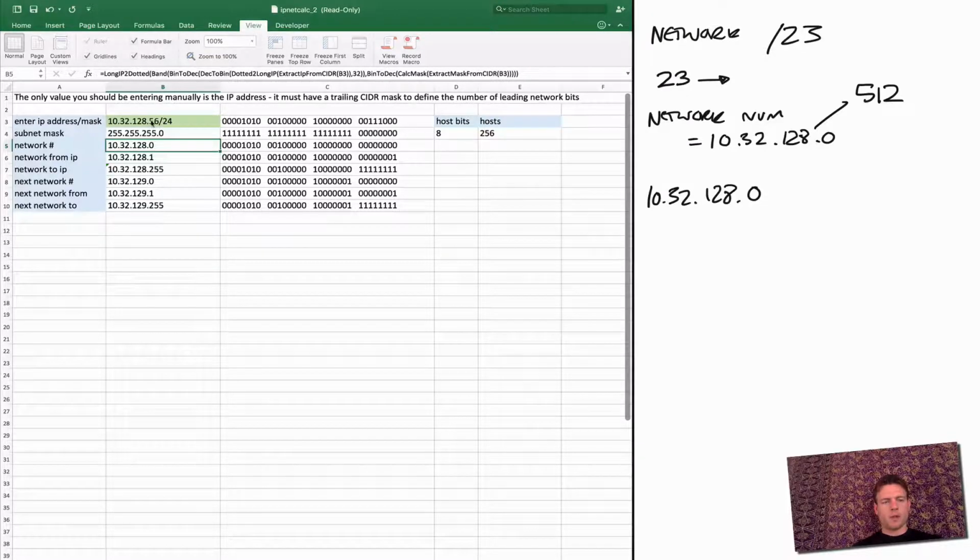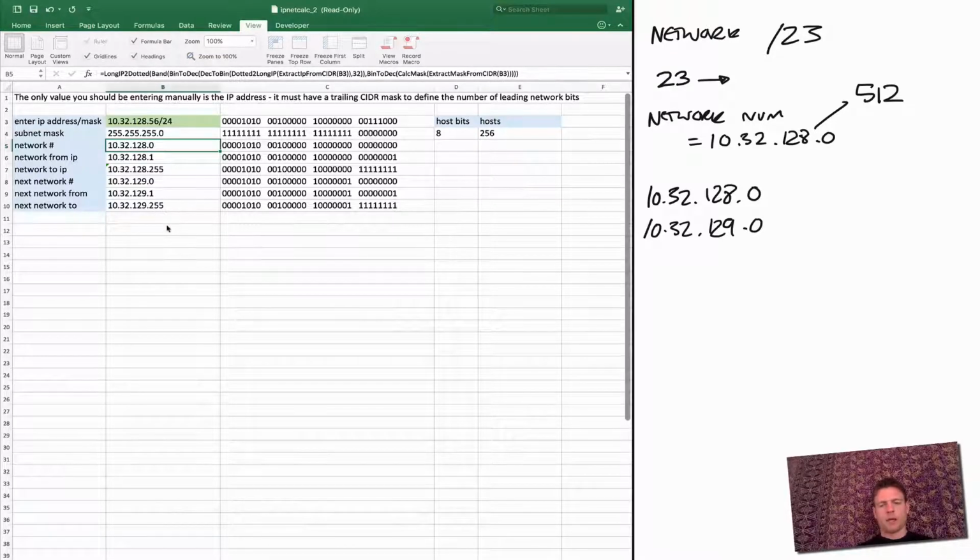And the second one is actually 10.32.129.0, right? But if you look at the next network from address and next network to addresses, the next subnet after 128 is 129, and 129 ranges from 129.1 to 129.255.